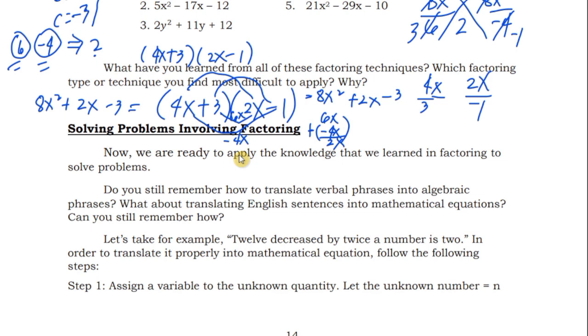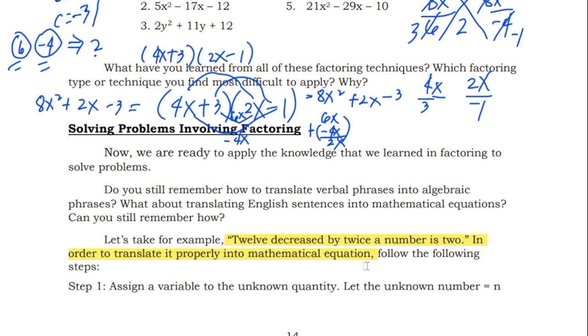Okay, so let's move on to how to solve problems involving factoring. The given was this one: 12 decreased by twice a number is 2.